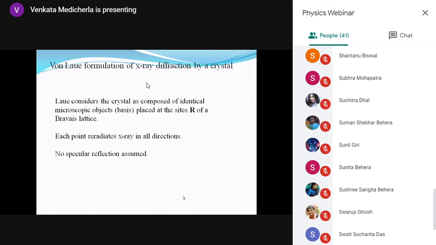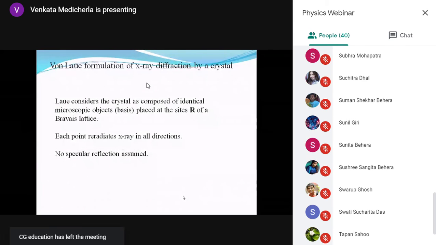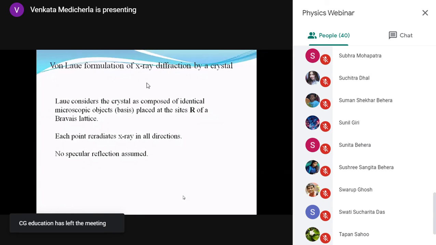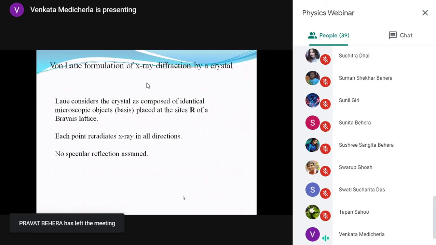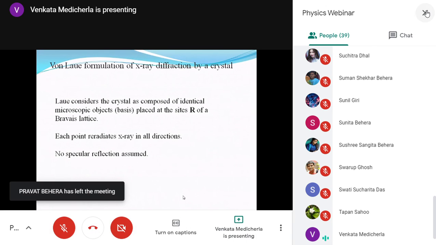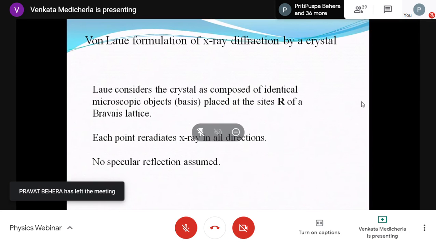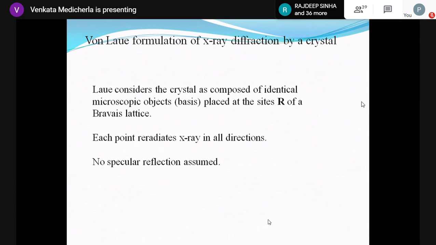Each point re-radiates X-ray in all directions. Each point may correspond to a group of atoms, that is the basis, radiating in all directions. Then no specular reflection is assumed because there is no mirror. Where is the specular reflection? He does not start with specular reflection in terms of crystal planes. He talks about each point on the Bravais lattice scattering X-ray.